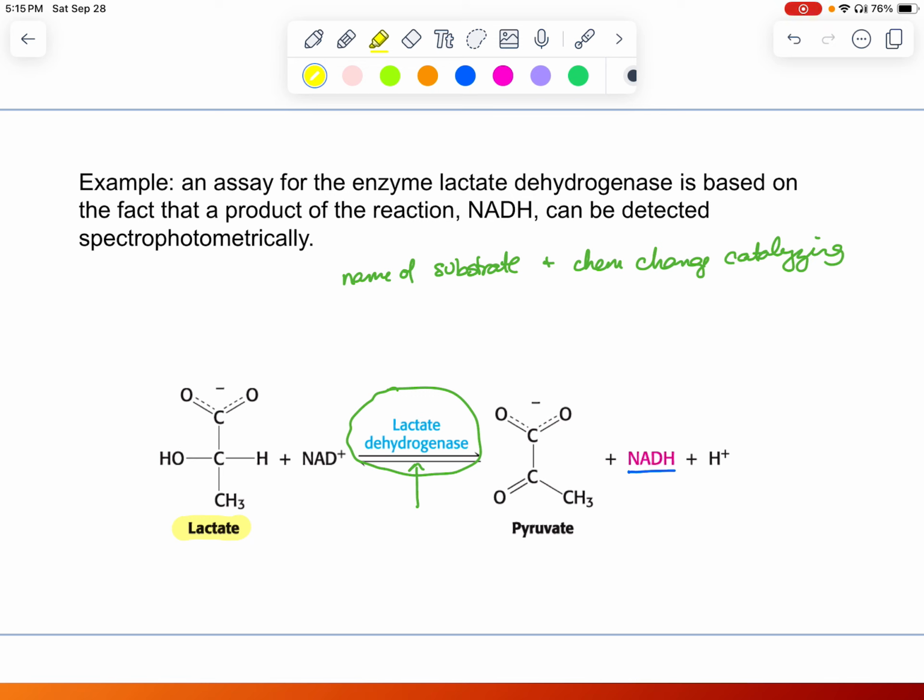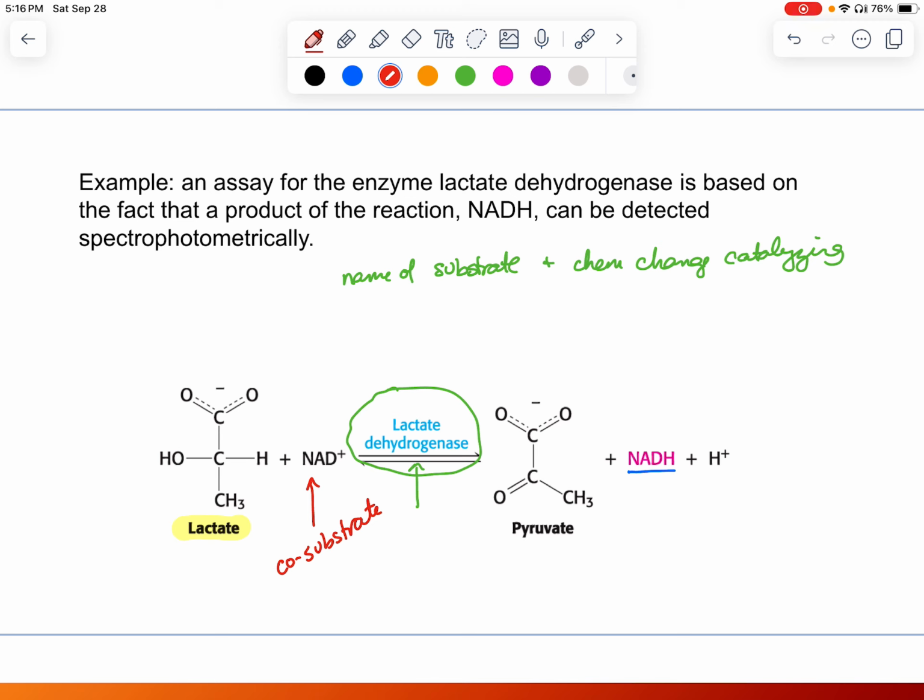Chemical change generally has one or two substrates, and sometimes that second substrate is called a co-substrate or a cofactor, which would be the NAD plus here.